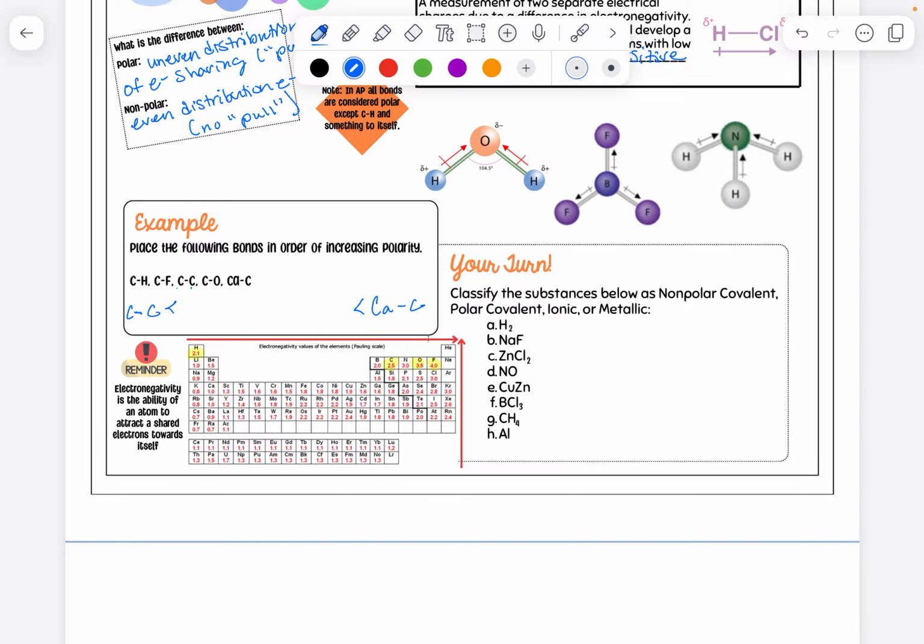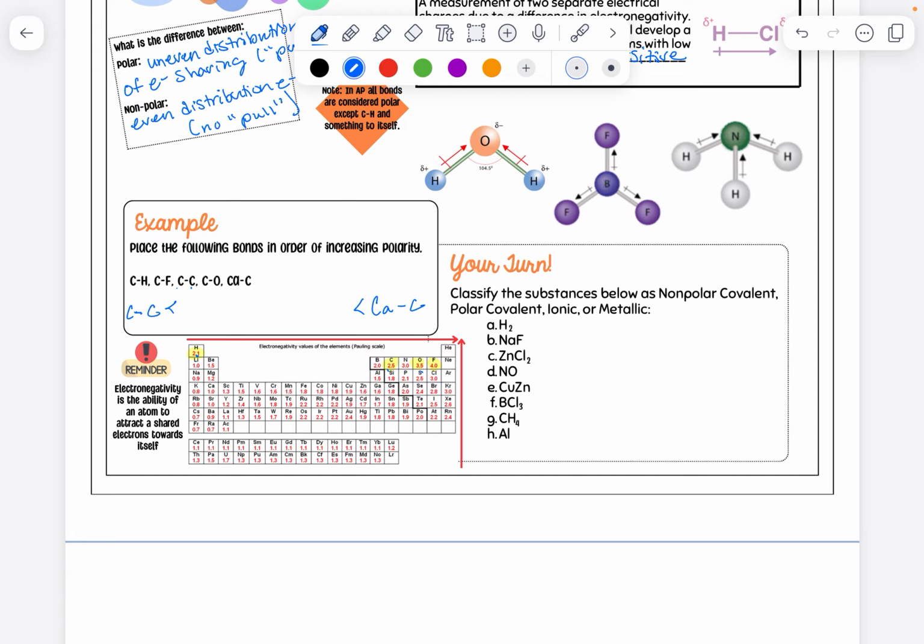So the ones with the greatest difference in electronegativity will have the greatest polarity. So carbon and hydrogen have 2.5 and 2.1. That's a 0.4 difference. Carbon and oxygen have a 2.5 and 3.5. That's a 1 point difference. And then carbon and fluorine has a 2.5 and 4.0. So that's a 1.5 difference.